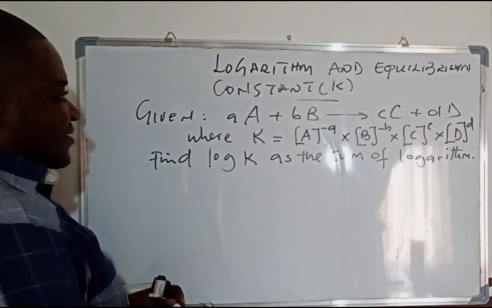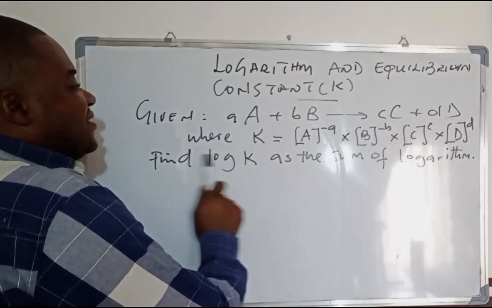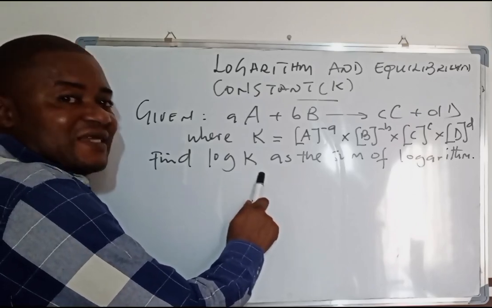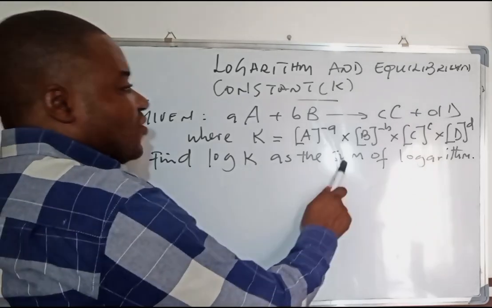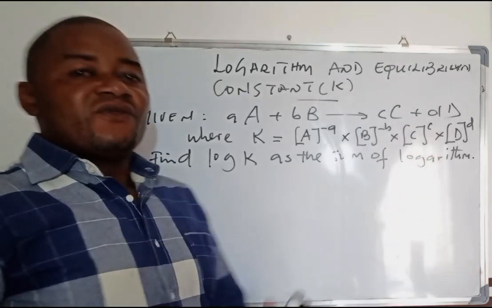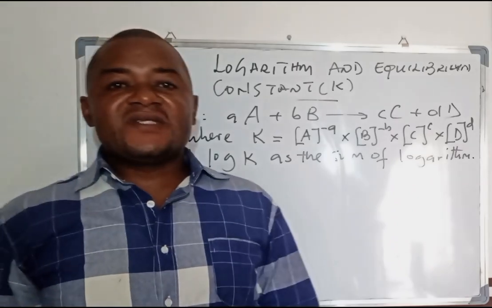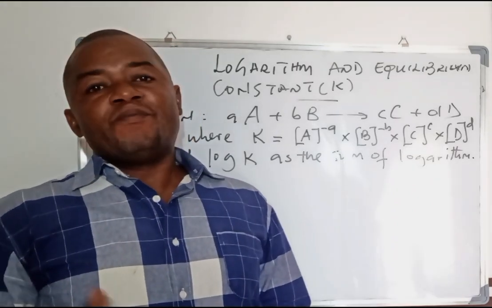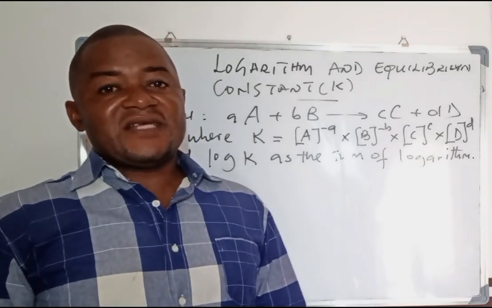Now, first, remember that the question says we should find the logarithm of the equilibrium constant as the sum of logarithms. So to begin, we are going to introduce the logarithm to both sides of the equation, the left hand side and the right hand side.